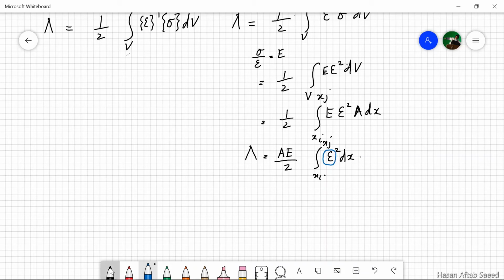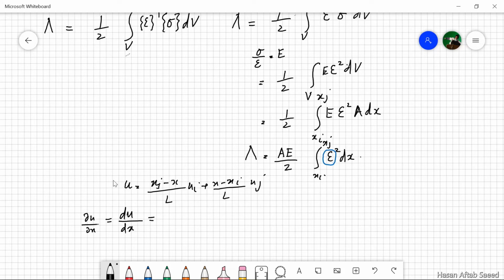Now recall, we have just a few minutes ago derived this expression for u. In this case, epsilon is simply the derivative of u; actually, this is the general expression, but in this 1D case, it's the same thing.